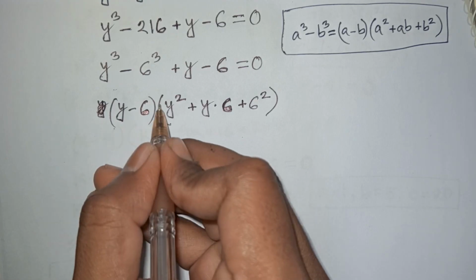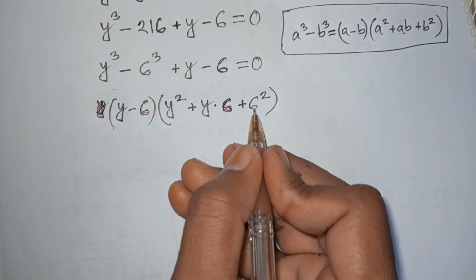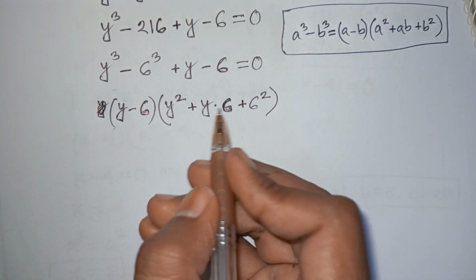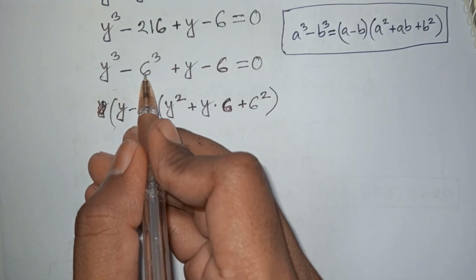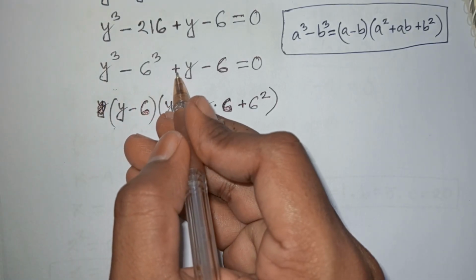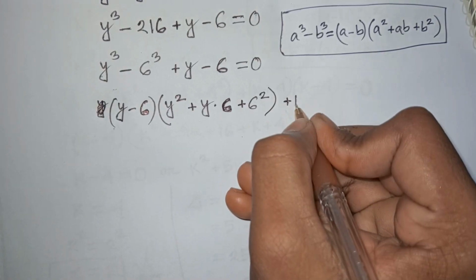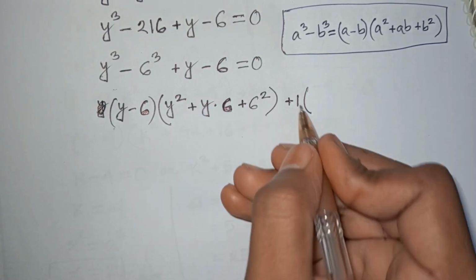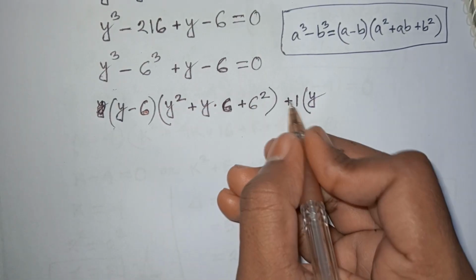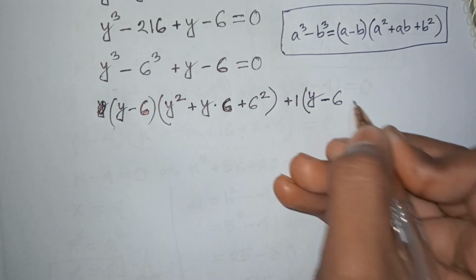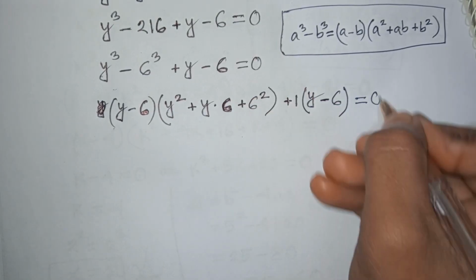A minus b times a square plus ab plus b square is the formula of a cube minus b cube. A is y, b is 6. Then from here we take common plus 1. So plus 1 is out of the bracket. So this divided by this, that means it will be y minus 6 divided by plus 1, that means it will be minus 6, bracket close, is equal to 0.